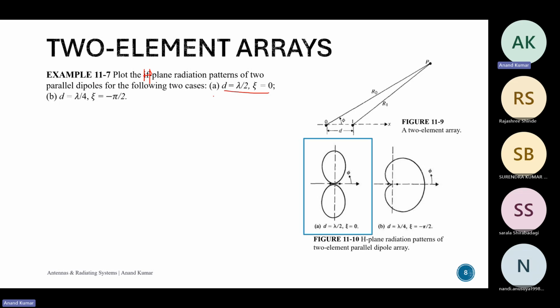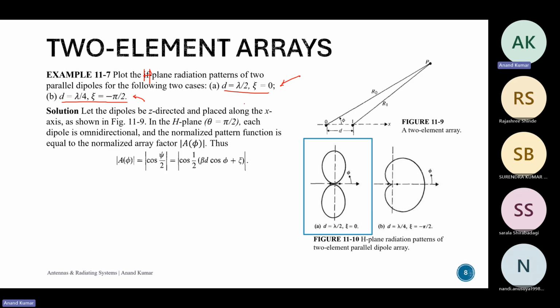Now we have d equals lambda by 2 and xi equals 0, and d equals lambda by 4 and xi equals minus pi by 2. So we discussed this in the last class, and one of them forms the broadside case, and one of them forms the end fire case. So we'll quickly look at that.